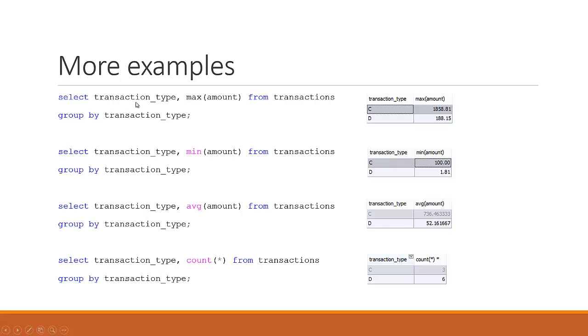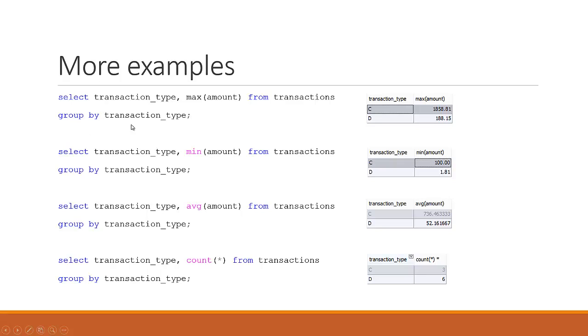That's always a good thing to do. So if you group by this type of column, then you should be selecting that column. If you group by transaction type, you select transaction type. If you're grouping by transaction ID, you should select transaction ID. If you're grouping by amount, you should select amount. Okay, you get the idea.